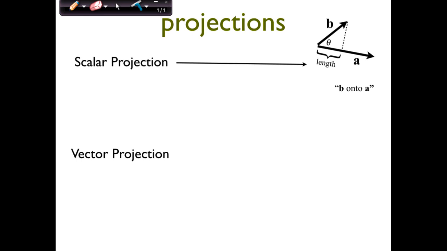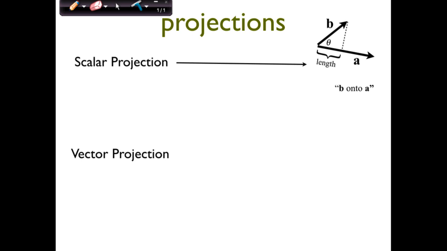The length of the top, like a direction. Right, length is just a scalar. That's why it's called the scalar projection, because scalars are numbers that don't have direction. So it's just that length, and then you multiply it by the unit vector. If you multiply that length times the unit vector in the direction of A, then you get the vector projection.